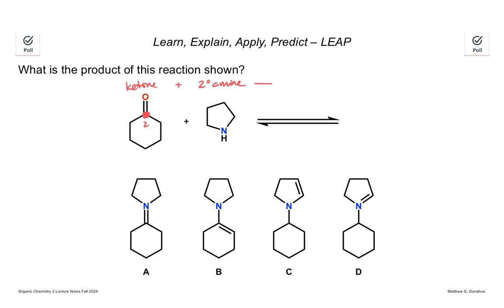So that plus that firstly is going to form an enamine. And then when you look at those choices, which one is the correct enamine?